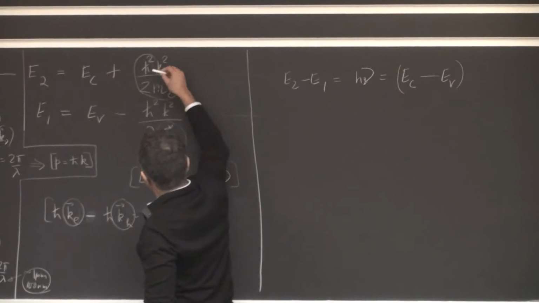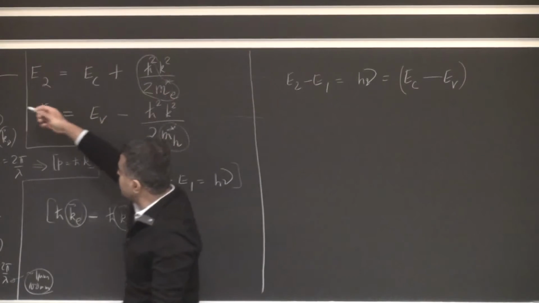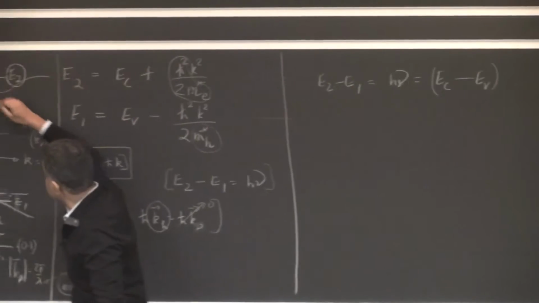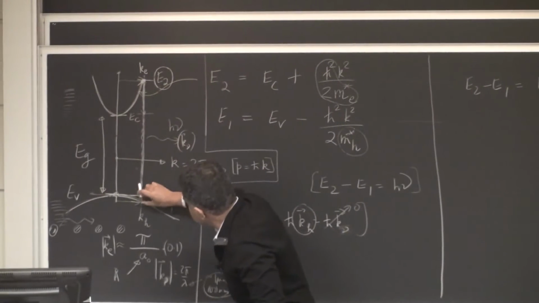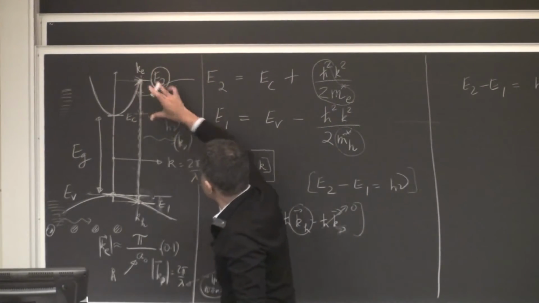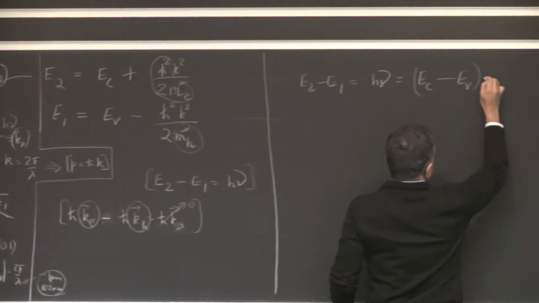And then you see this thing actually adds, and physically it must add because that's the kinetic energy of electrons and of holes. This plus the gap plus that is equal to the photon energy.